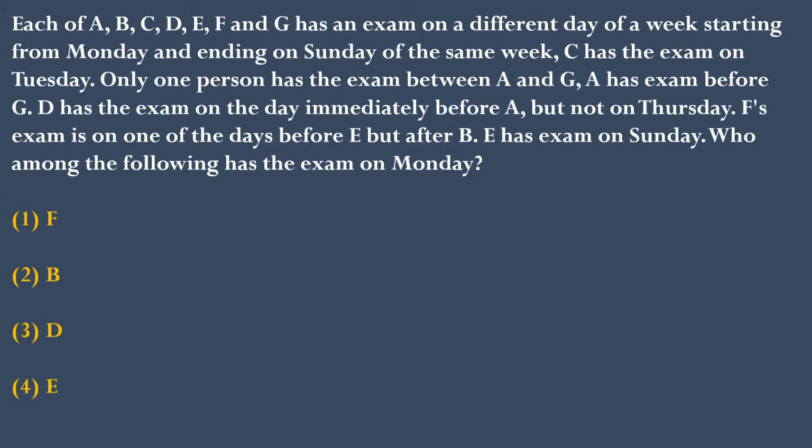Next, see the question here. Each of A, B, C, D, E, F and G has an exam on a different day of a week, starting from Monday and ending on Sunday of the same week.